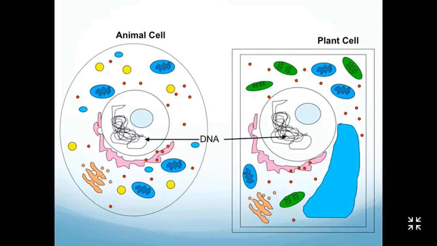The DNA, or the genetic material, is present inside the nucleus. The ER, the endoplasmic reticulum, is where the ribosomes are attached, and the mitochondria serve as the powerhouse of the cell.